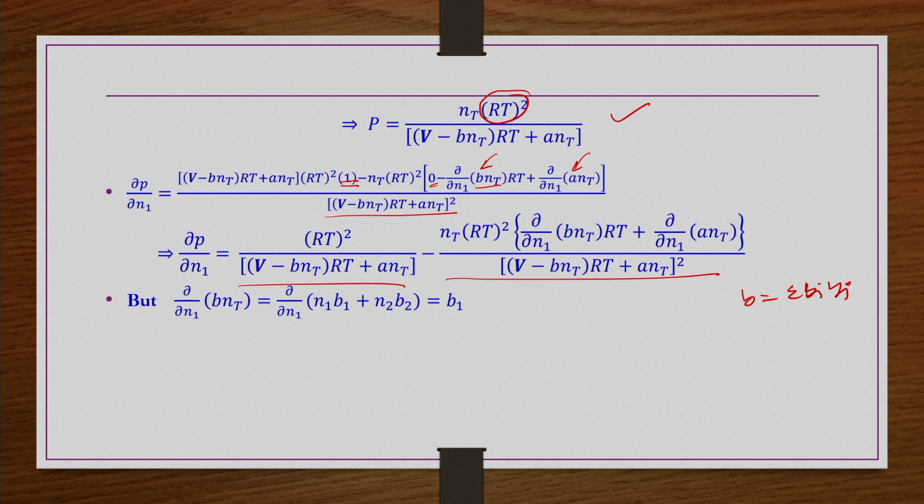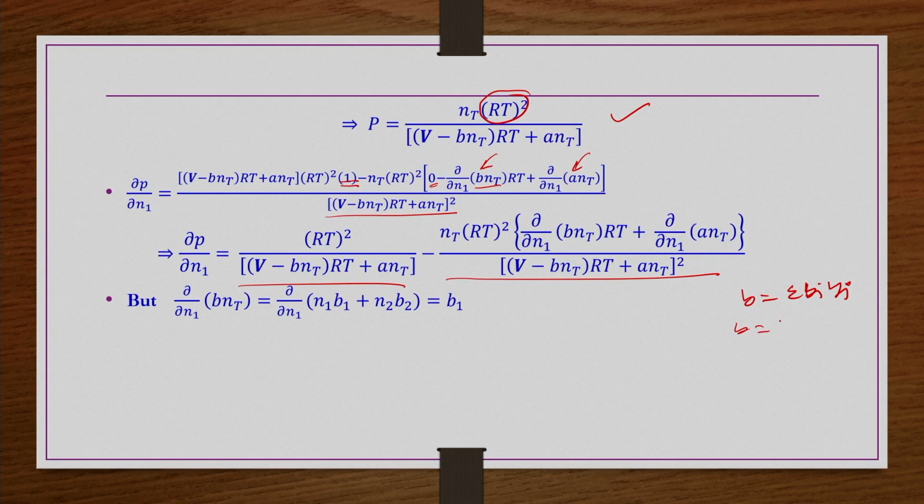B i is nothing but the constant B for a pure component i. So, like that B1, B2 you have to get for the pure components. Then you have to write B equals B1 Y1 plus B2 Y2, and Y1, Y2 I am writing as N1 by NT and N2 by NT.